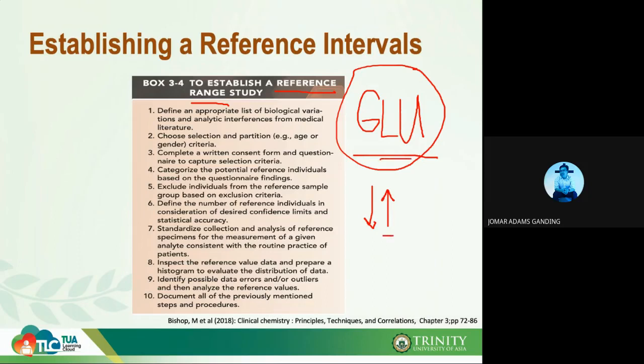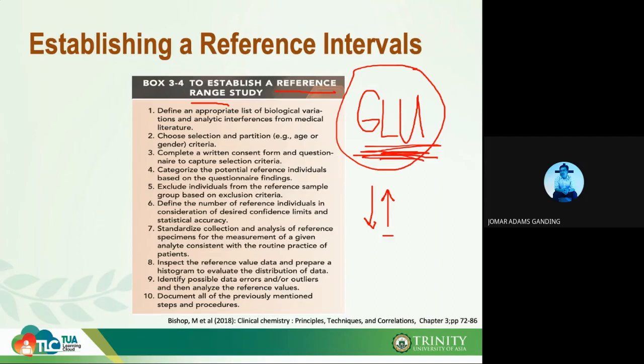Are you getting me, guys? So when we talk about biologic variations and analytical interferences, we are talking about conditions. When we talk about interferences, these are the hindrances that might affect the measurement of your glucose.